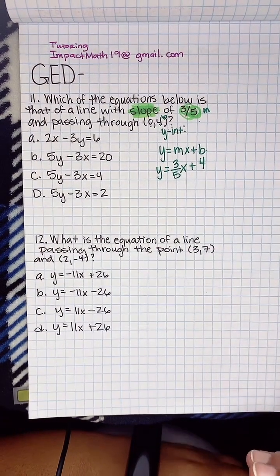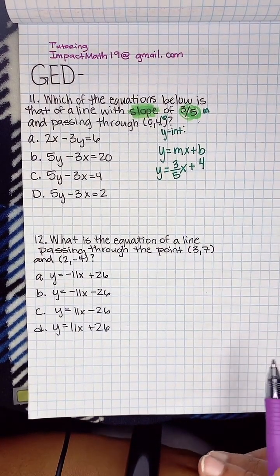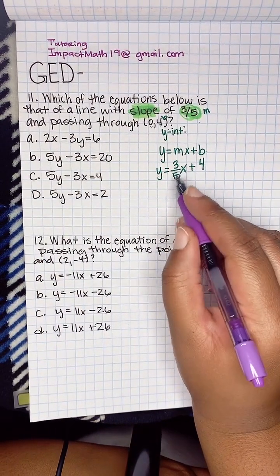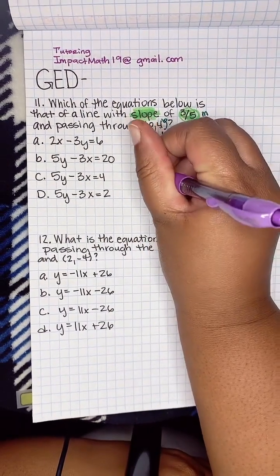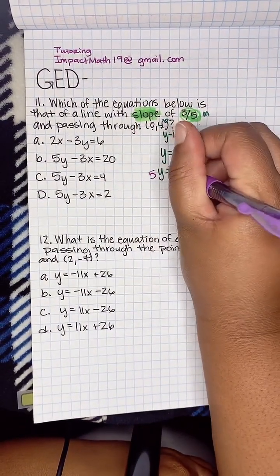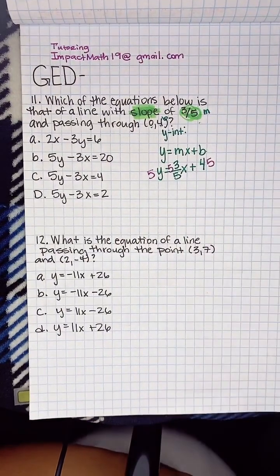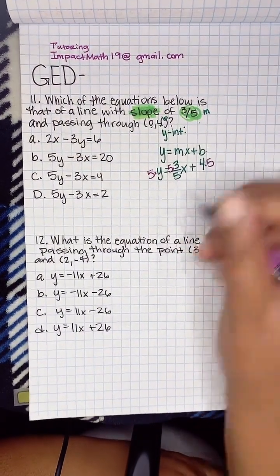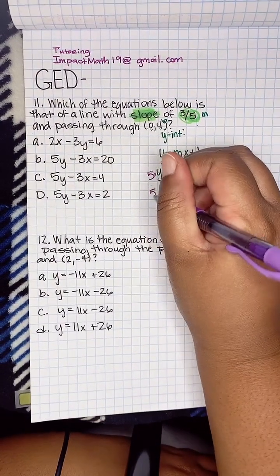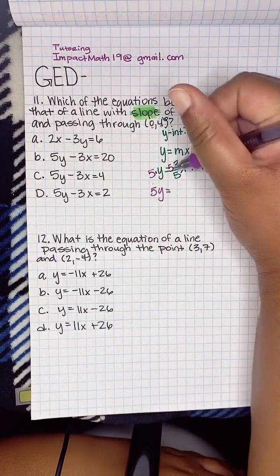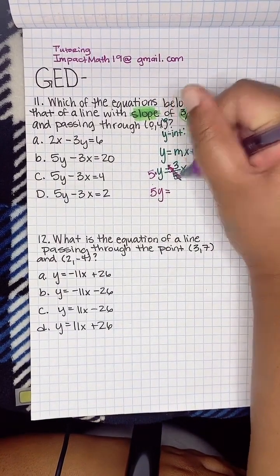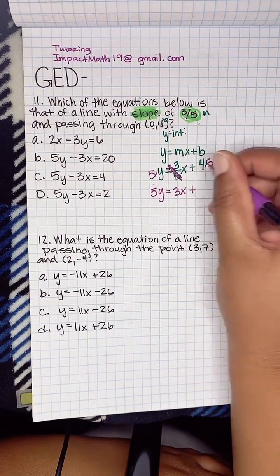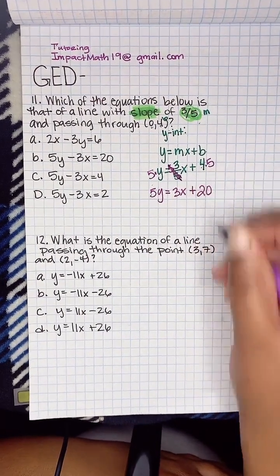Good, that's what I wanted to see. We're going to multiply by 5 to every single thing. So I get 5y equals, these 5's cancel out, and I'm left with 3x plus 4 times 5 gets me 20.